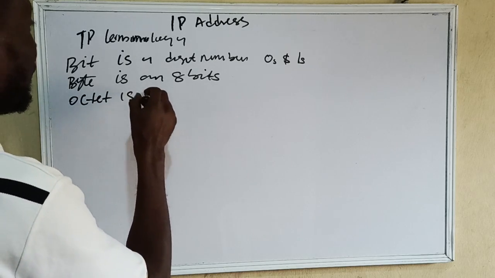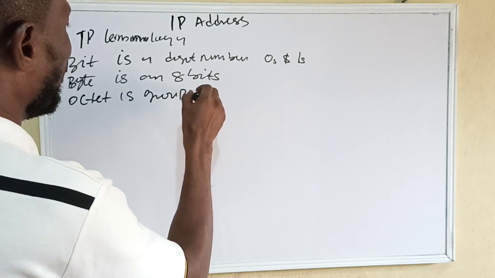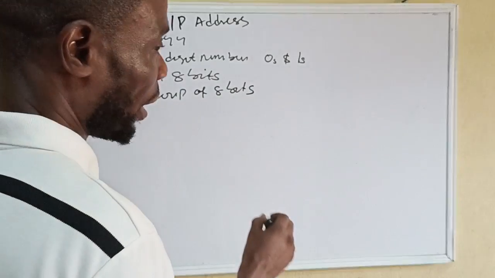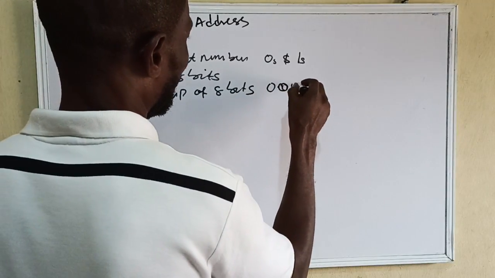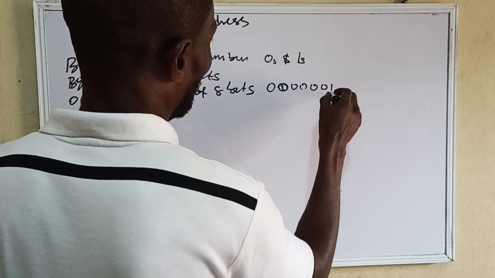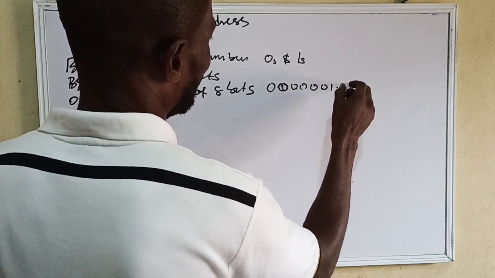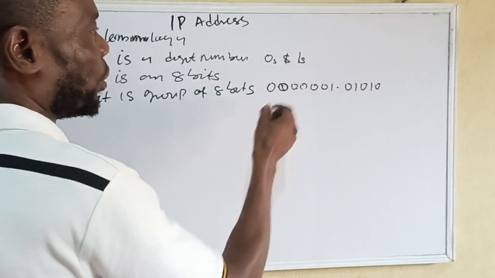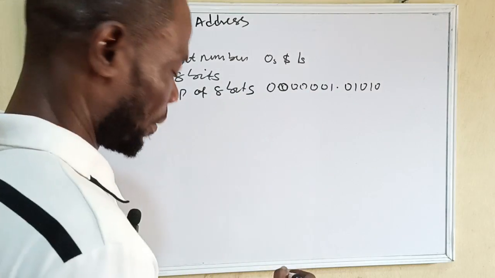Octet is a group of 8 bits, in the form of 0, 0, 0, 0, 0, 1, 0, 1, 8 bits. That is an octet. Each group of these 8 bits is an octet.